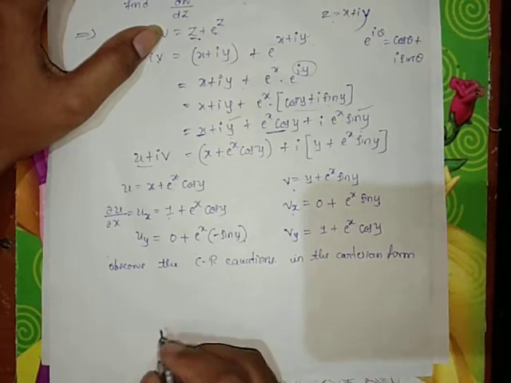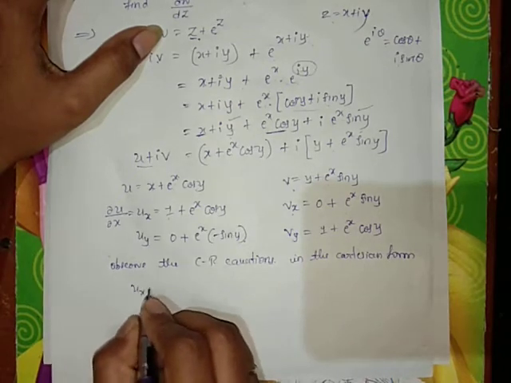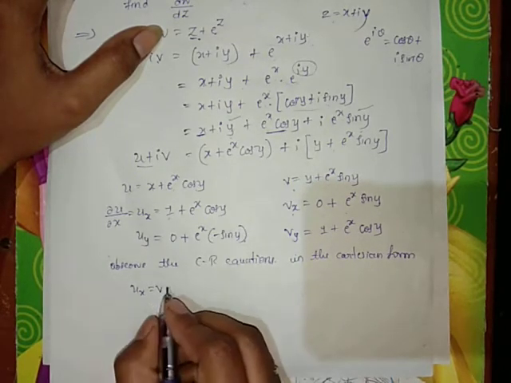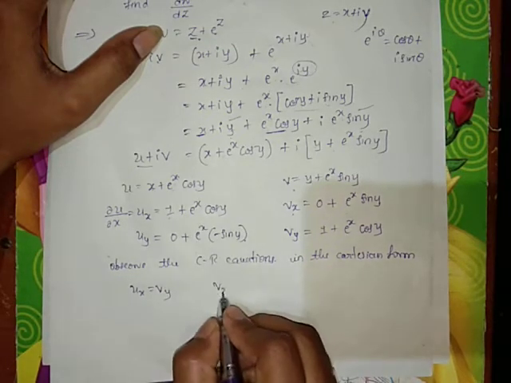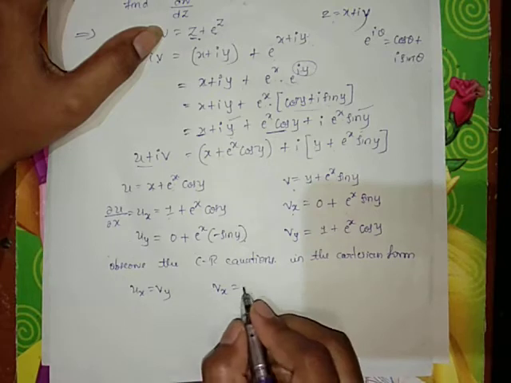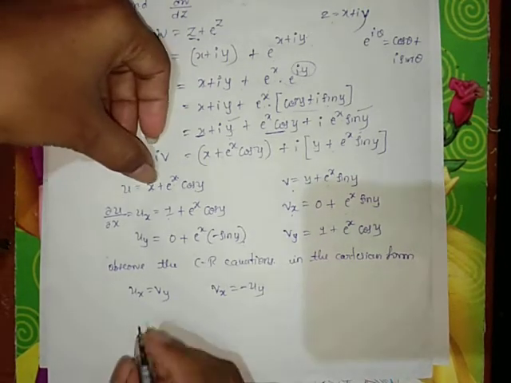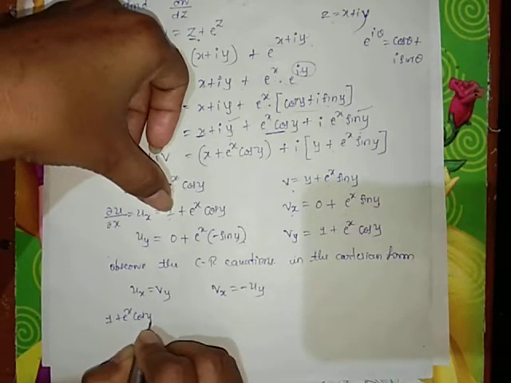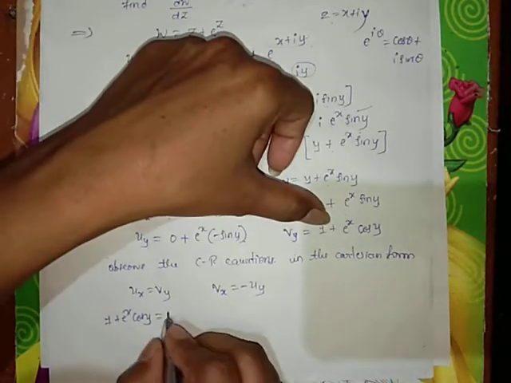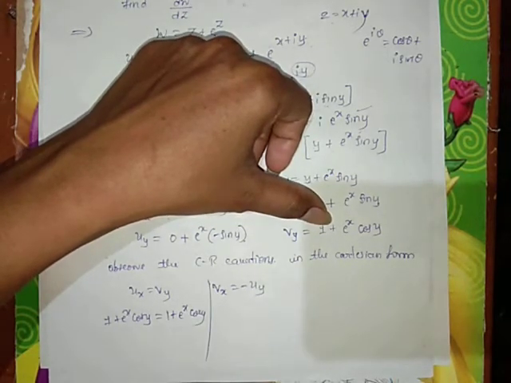So CR equations in the Cartesian form is ux equal to vy and vx equal to minus uy. Now I substitute here. Ux is 1 plus e raised to x cos y. Vy is also 1 plus e raised to x cos y. Satisfied.